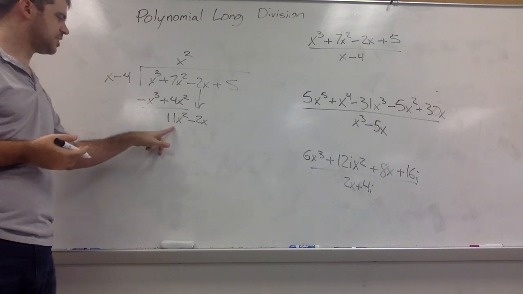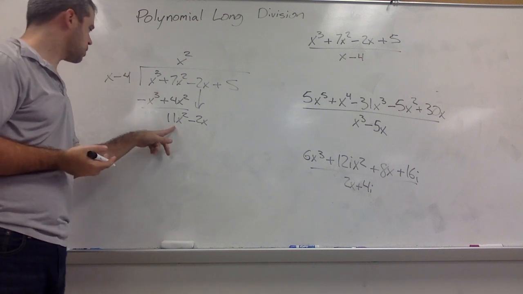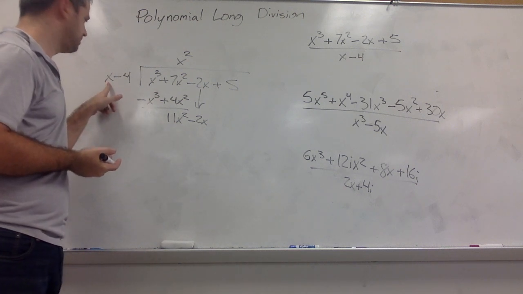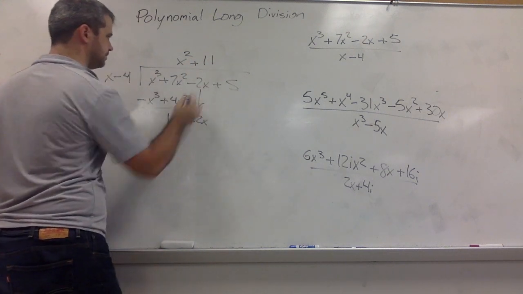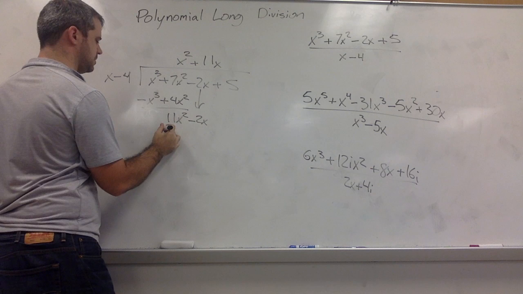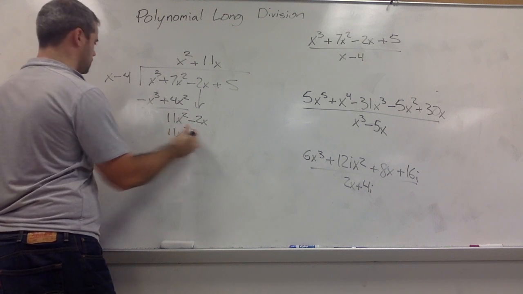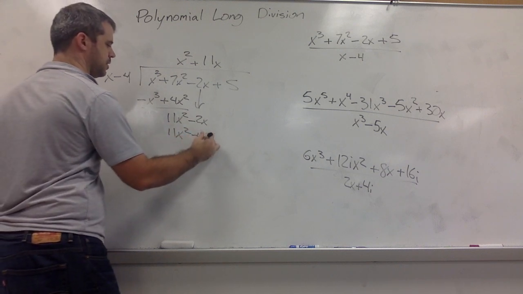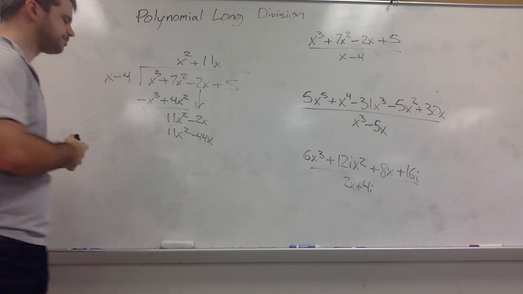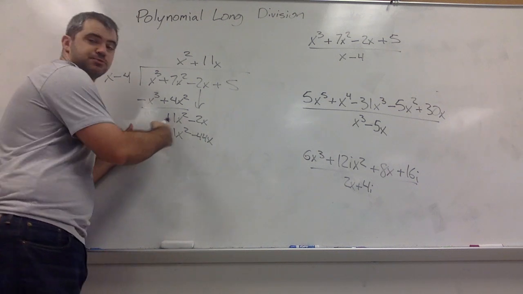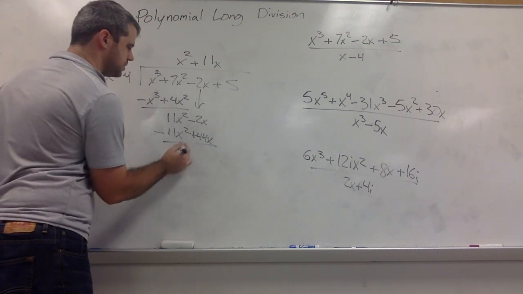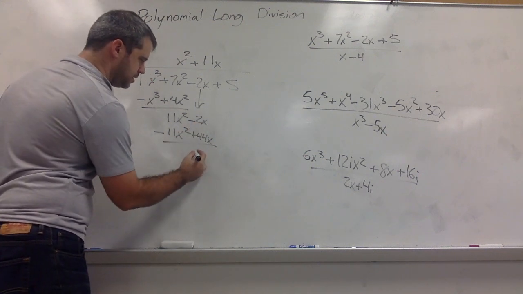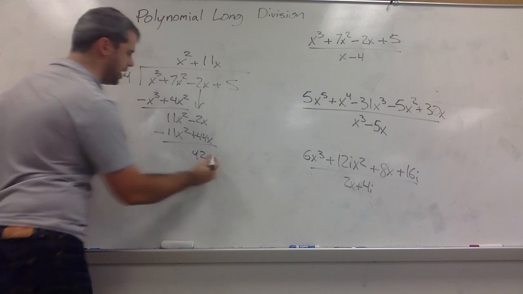Well, what do I need to cancel out an 11x squared? Well, I need to multiply this by 11x. So I get 11x squared, and I get negative 44x. But I'm subtracting this, so I switch both of these signs. So this is 0, this is 42x.